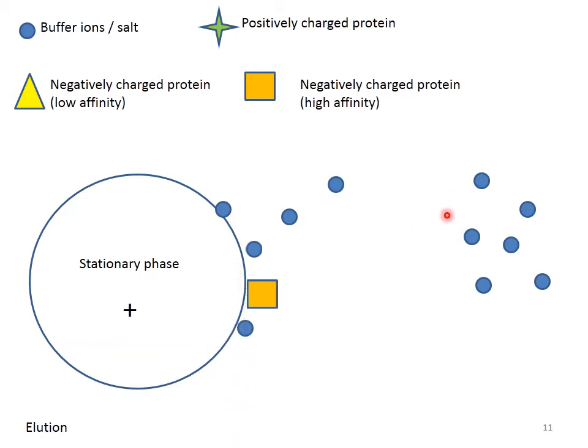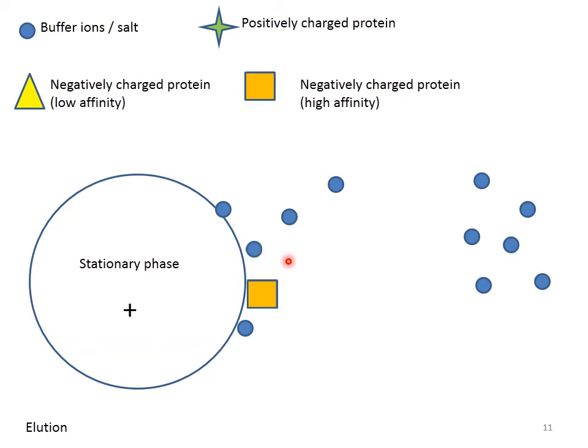So as the salt concentration is increased, the negatively charged ions are going to displace the protein with low affinity first, and it will be removed away. Now, this position will be occupied by the negatively charged salt ions. The other protein, represented by the square, has higher binding affinity with a stationary phase, so it cannot be displaced at a low salt concentration.